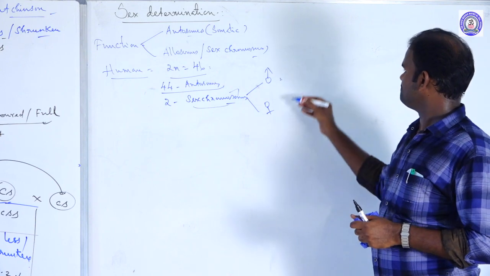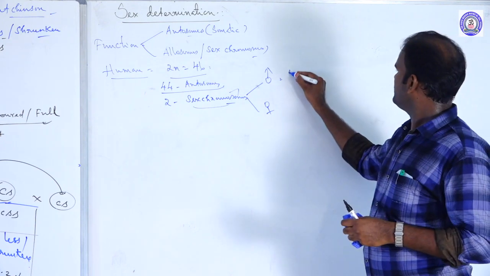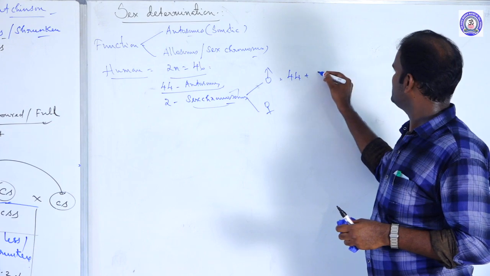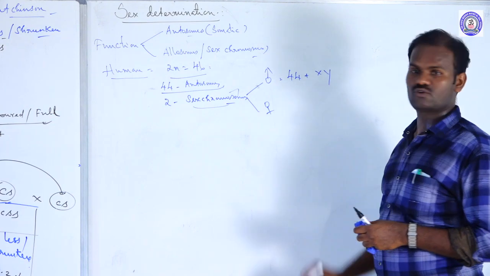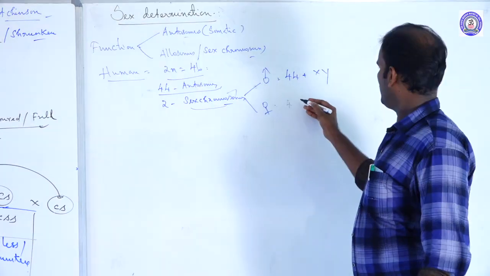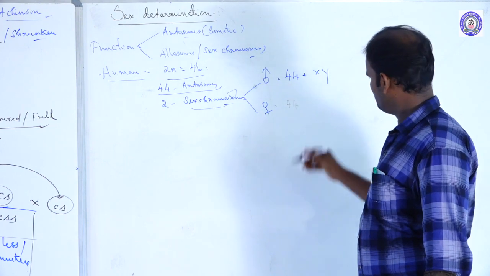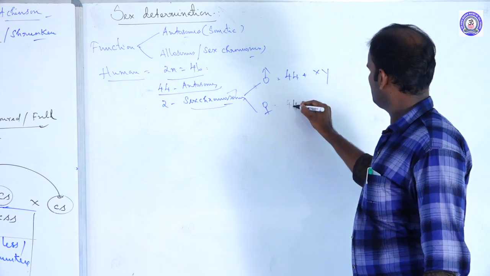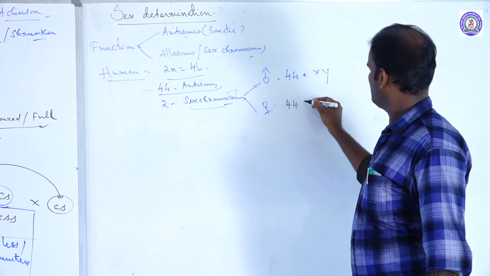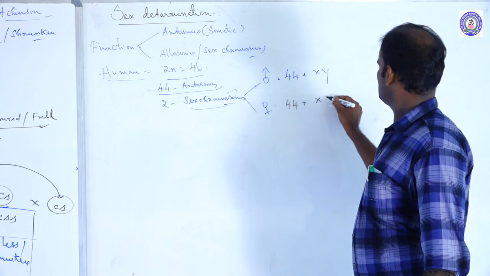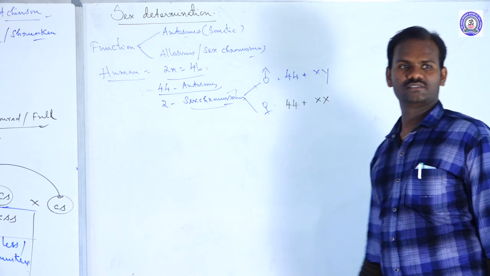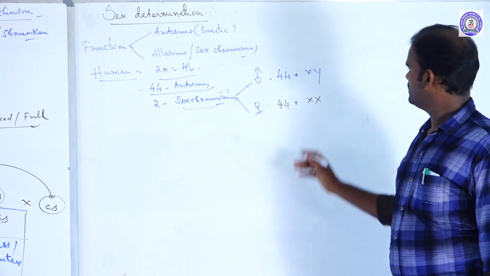In male, actually, there are 44 autosomes plus X, Y. These are the sex chromosomes. This is the genotype. 44 chromosomes are autosomes, plus 2 chromosomes are sex chromosomes, XX.